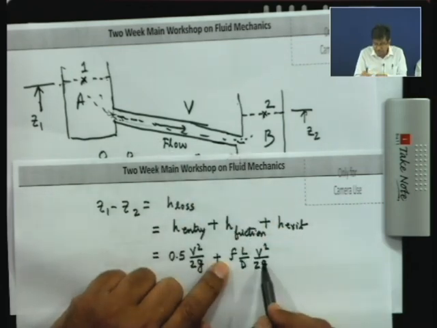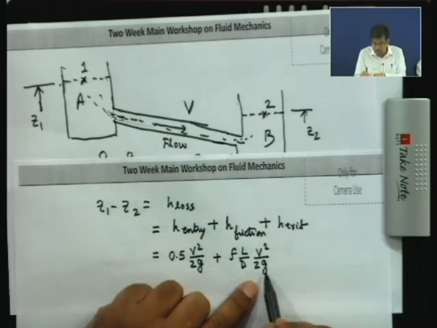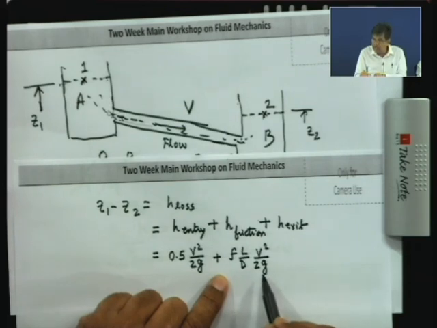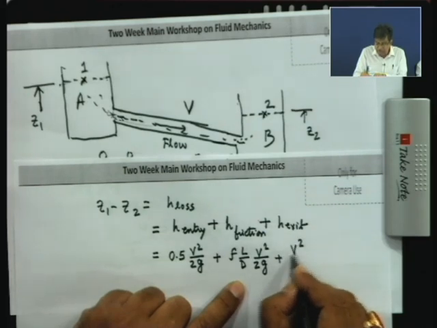If you know that delta P is FL by D times half rho V square, then delta P by rho G becomes FL by D V square by 2G. This is the loss in pressure energy due to skin friction, and the exit loss is given by V square by 2G.